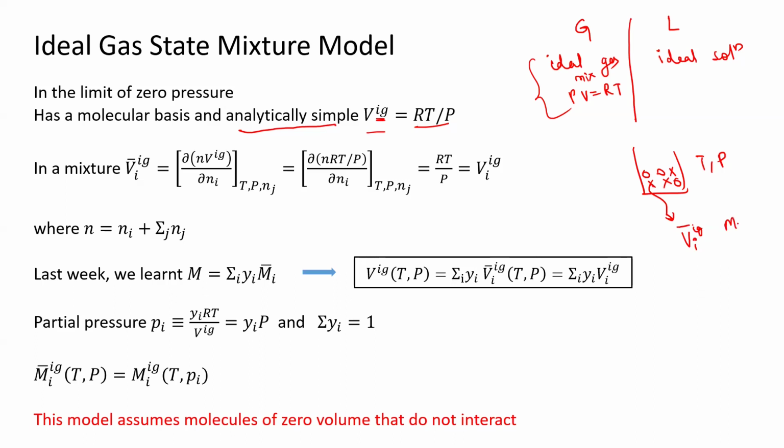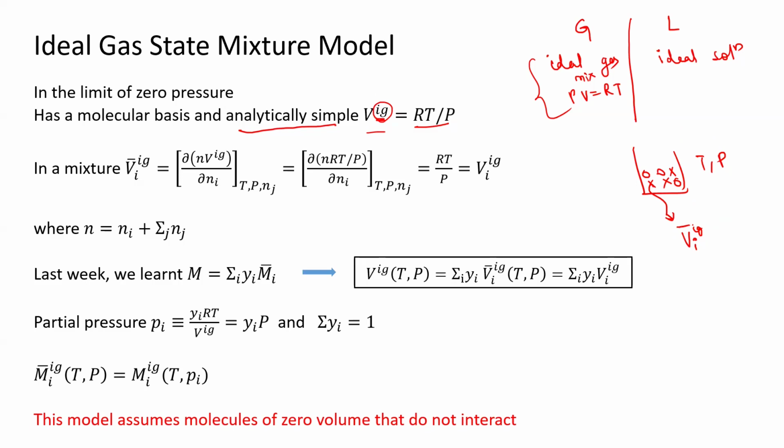This is Mi bar, and it is IG, the ideal gas model, right? That's why we are putting IG. Later we will be discussing other models, so we use this model as a reference for the other models.